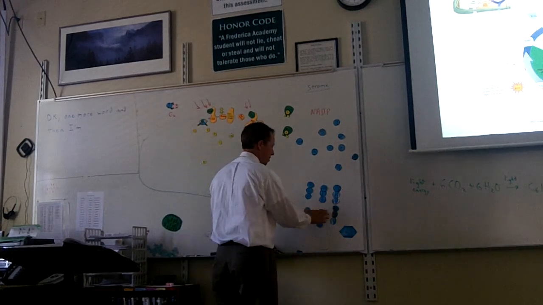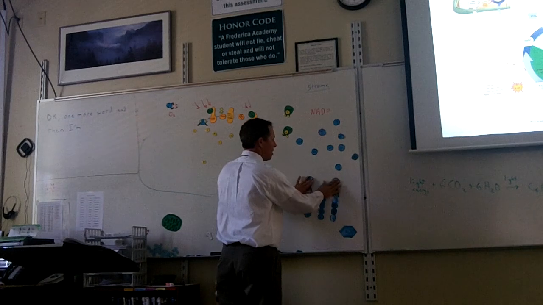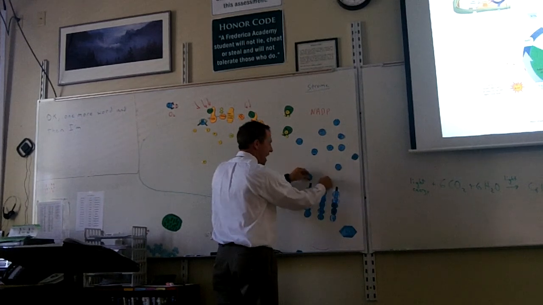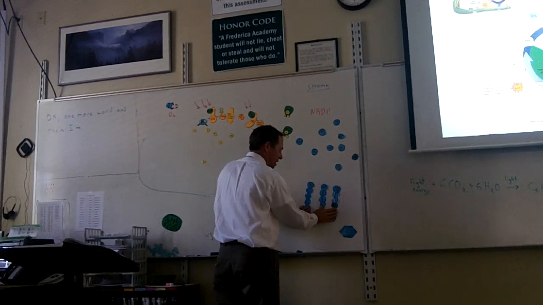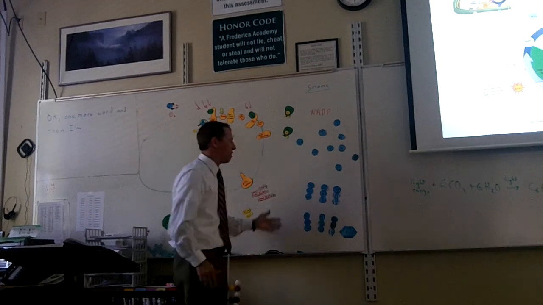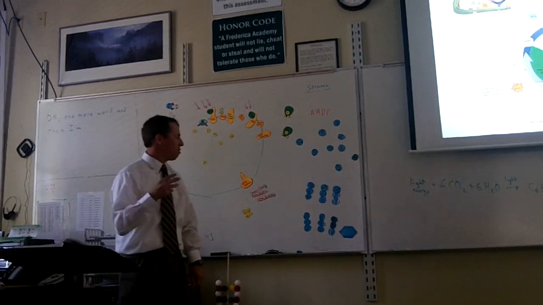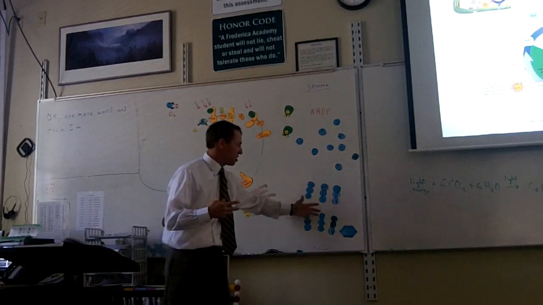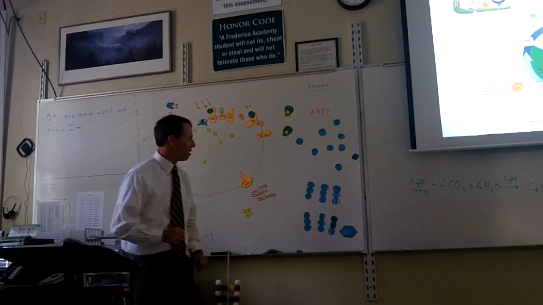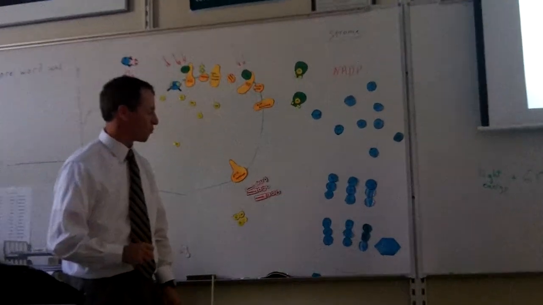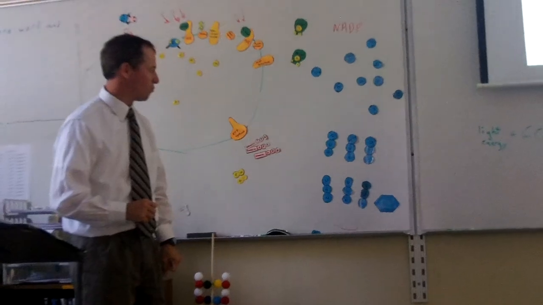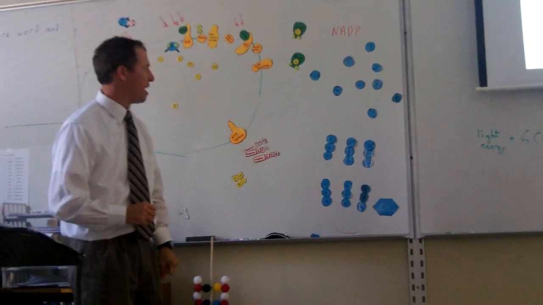So, going back over that, the CO2 attaches itself, and then the molecule kind of falls apart. Now we have these six 3-carbon molecules. Okay, split in half. Very good.